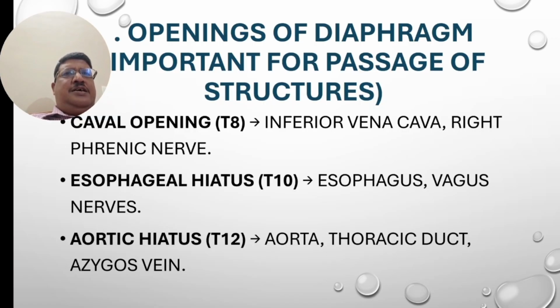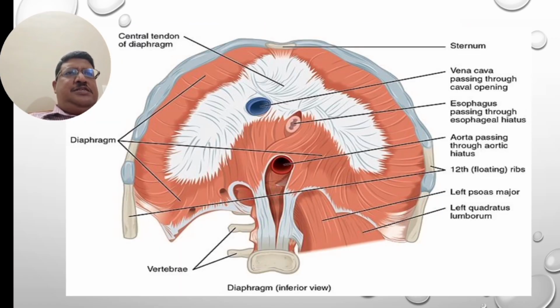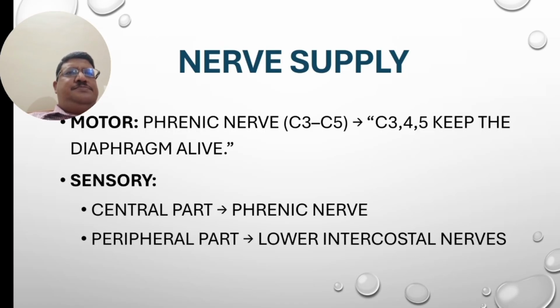So these are the openings: vena cava passage, esophagus passage and aorta passage. So this is the structure of the passages in the diaphragm. Now nerve supply: motor, phrenic nerves, C3, 4, 5 keep the diaphragm alive.